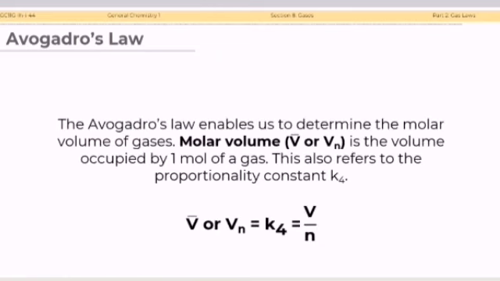Avogadro's law enables us to determine the molar volume of gases. Molar volume, denoted by V bar or Vn, is the volume occupied by 1 mole of a gas. This is also referred to as the proportionality constant, K4.